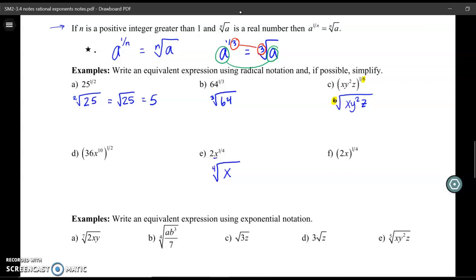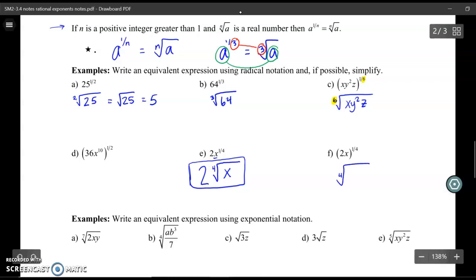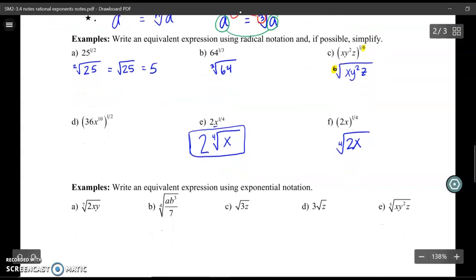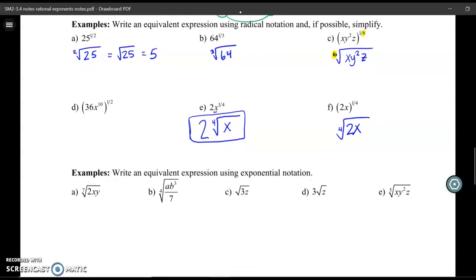And then this 2 out front, it just gets to stay out front. There was no exponent on it to start with, so it won't be in any sort of radical at the end either. That looks very different from F, which is super similar to E, except for now the 2 is being raised to the 1/4 exponent. So when we write that fourth root, we're going to have the 2 and the x inside of there.